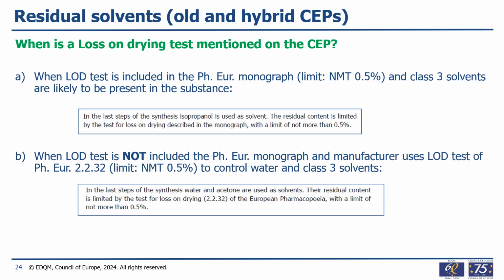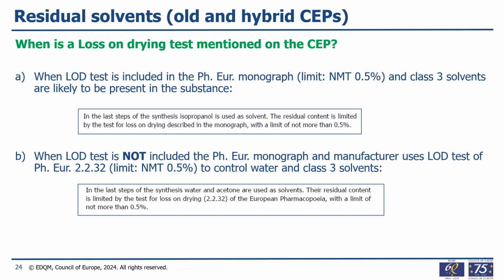So if a loss on drying test is included in the monograph with a limit of not more than 0.5%, and class 3 solvents are likely to be present in the substance, you will see the following statement on the CEP: in the last steps of the synthesis, isopropanol, for example a class 3 solvent, is used as solvent, and the residual content is limited by the test for loss on drying described in the monograph with a limit of not more than 0.5%.